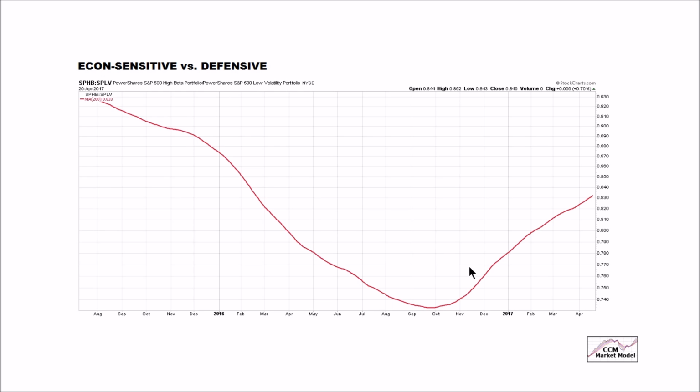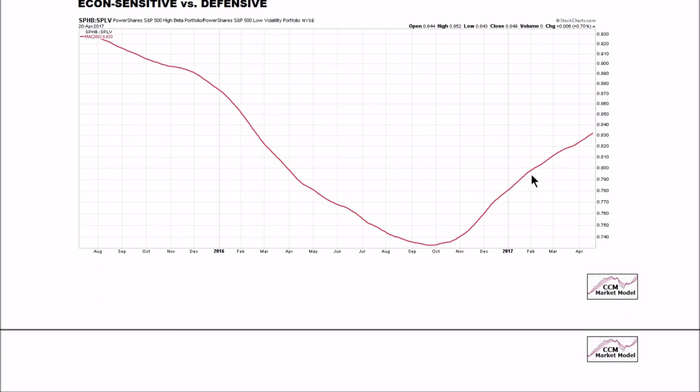However, you can see the underperformance of SP high beta in recent weeks and even months has not altered the long-term trend as of April 20th, 2017, telling us that the current move still appears to be a normal and 100% to be expected counter-trend move within the context of an ongoing and already established uptrend. This, like all of the charts, is subject to change, but it hasn't changed yet.